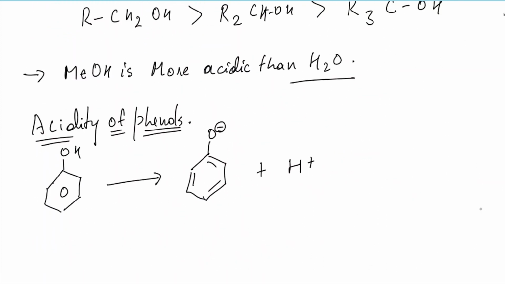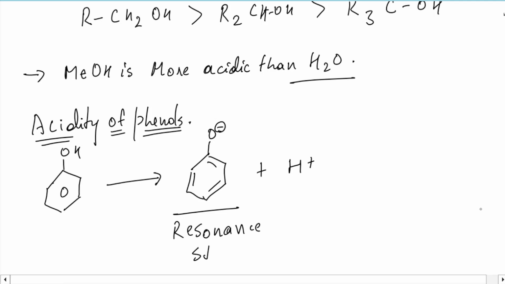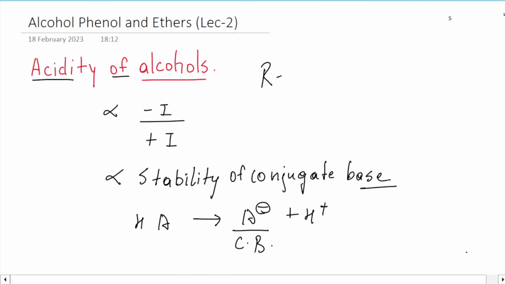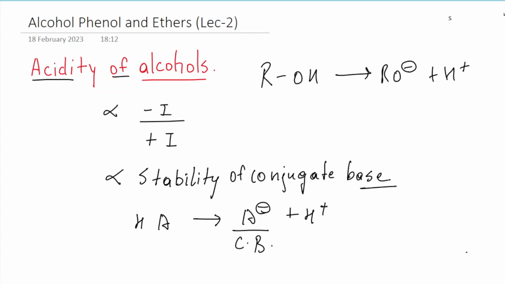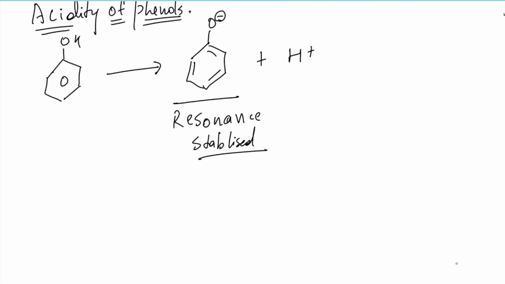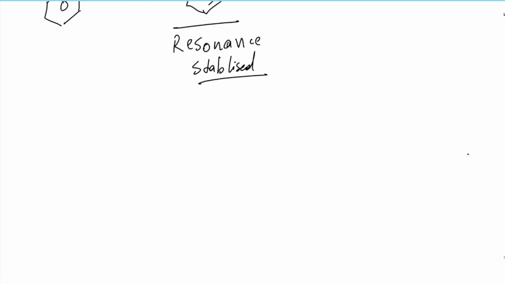Why? Because phenoxide ion is resonance stabilized, while in case of alkoxide ion, it is instead destabilized because of the plus I effect of R group. Because the phenoxide ion is resonance stabilized, phenols will be more acidic than alcohols.